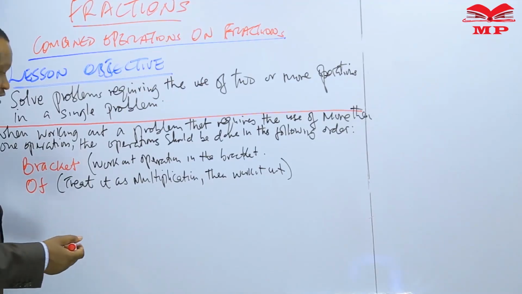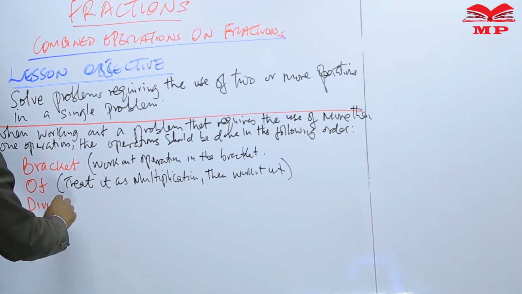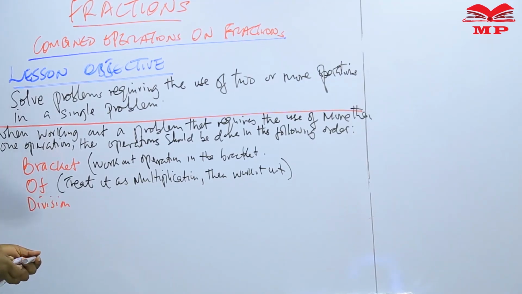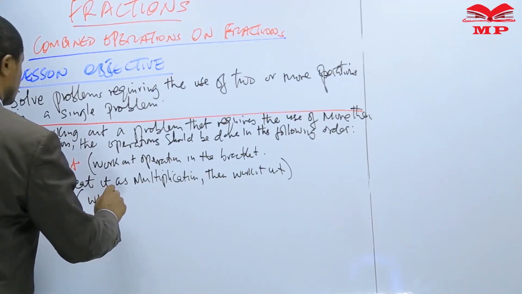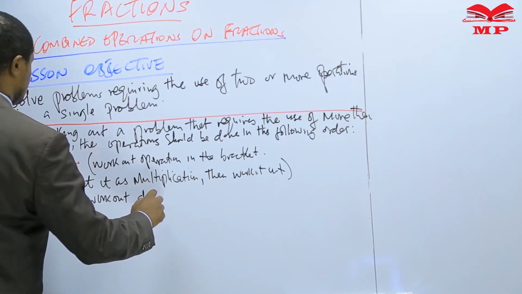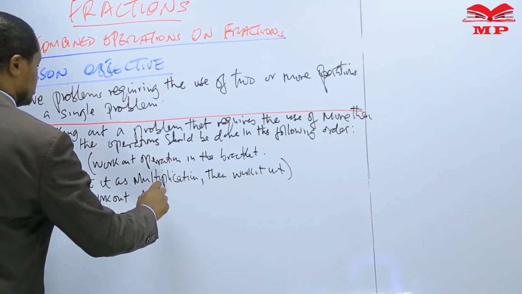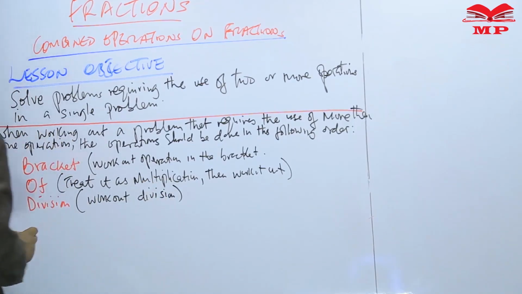The next in the order is division. If you have division in a problem, then work out division. Then that will be followed by multiplication.